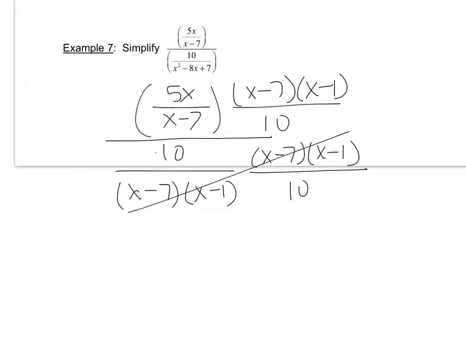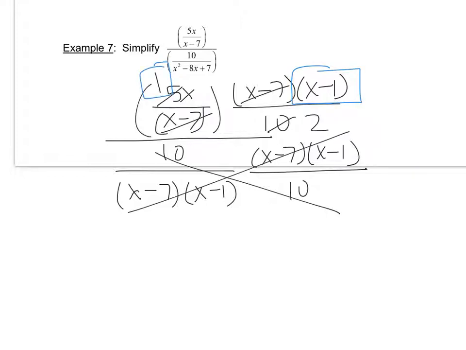So these all cancel, so it's 1. So now this x minus 7 and this x minus 7 cancel. This 5 changes to 1, the 10 changes to 2. So what am I left with? I still have x minus 1 times 1, and then when the bottom's gone, it's like a 1 times 2. So you have x minus 1 over 2.